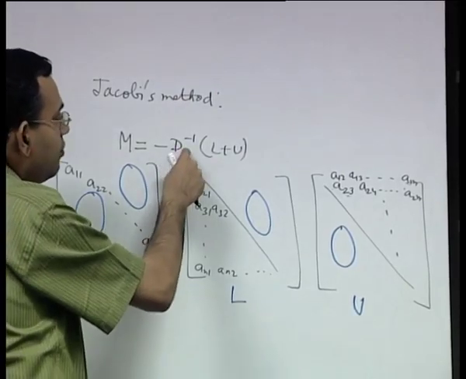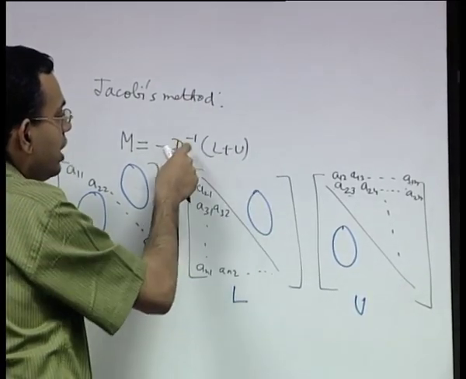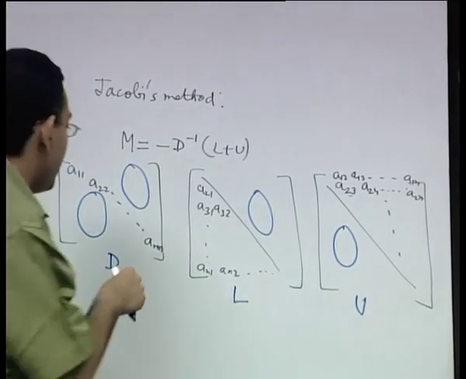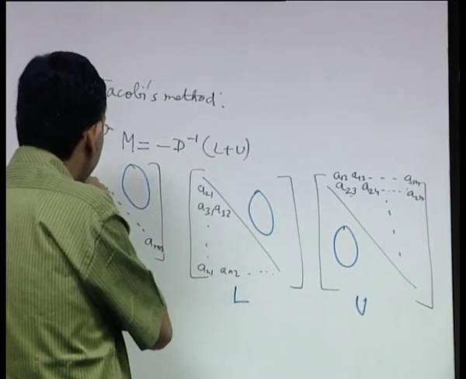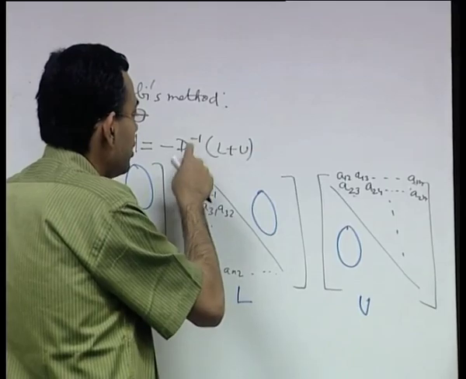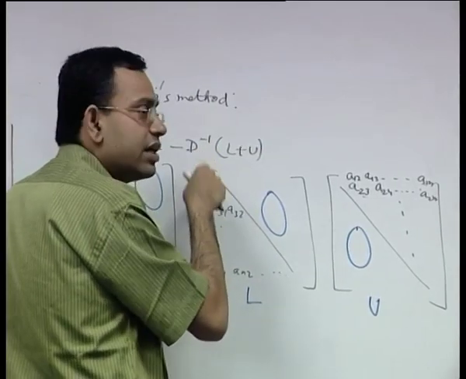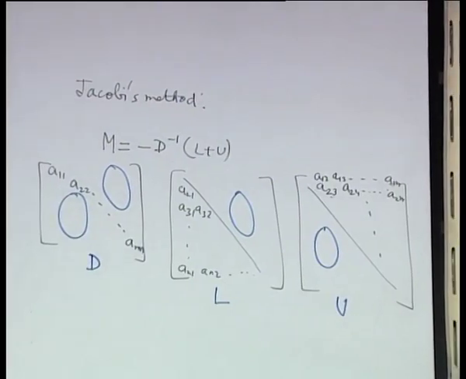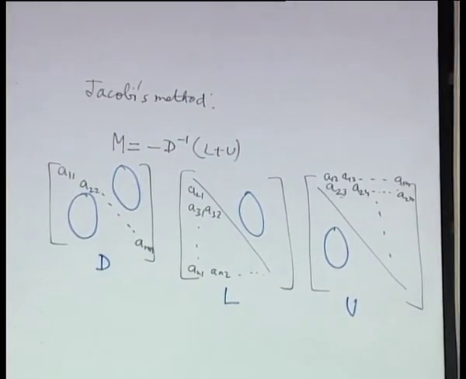Now, D inverse into L plus U. D inverse roughly represents what? Remember the diagonal for each row contains only one number. So, D inverse roughly represents the division by the diagonal component of the matrix. For a single scalar number, the inverse is 1 by that number.